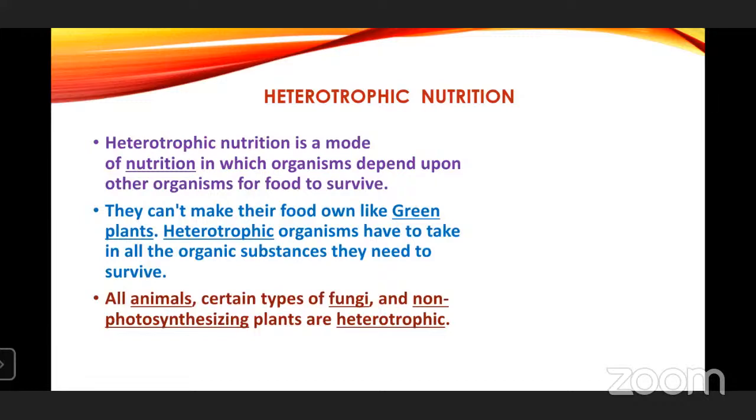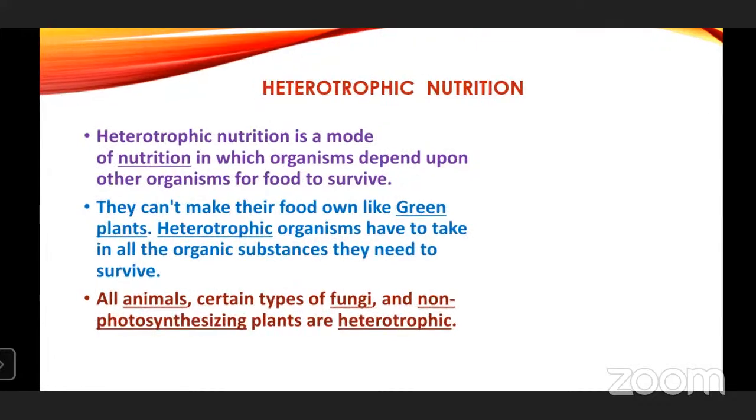Of course, all plants prepare their own food material, but one point is there: chlorophyll is there. Let us have a look here: all animals, certain types of fungi.